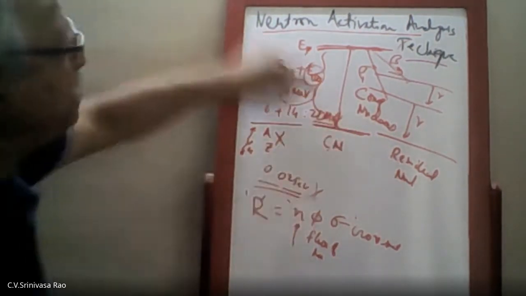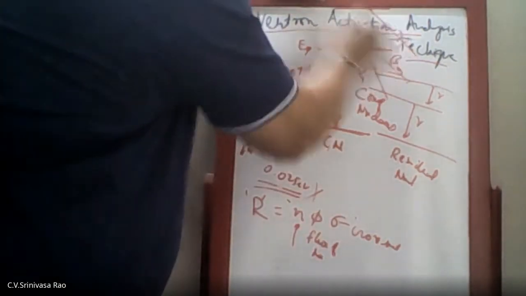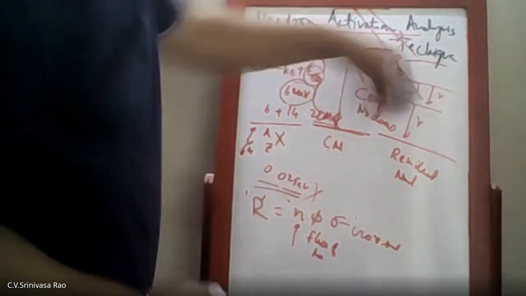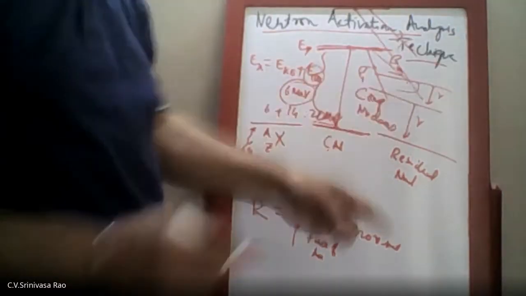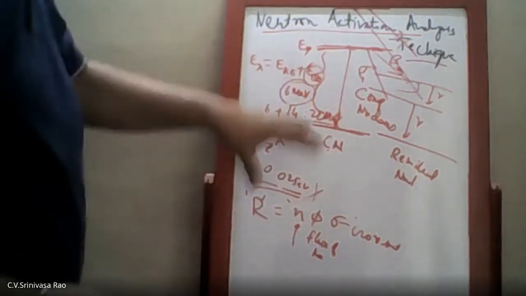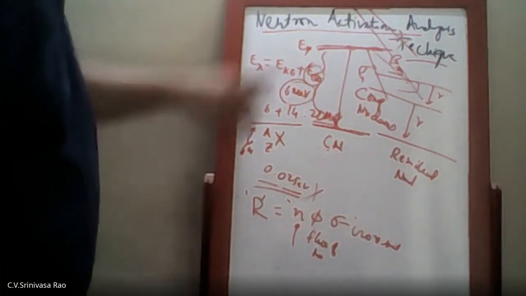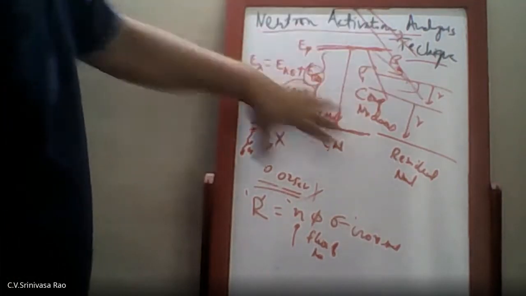Now 20 MeV is far beyond, so I can produce more and more activity. I can get more gammas, more residual nuclei. So I can do this whole technique more efficiently if I use high energy neutrons. That is the whole technique.